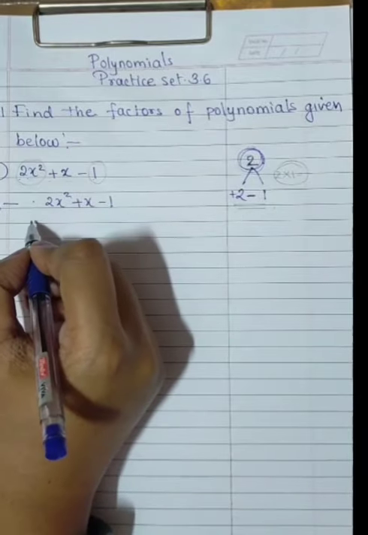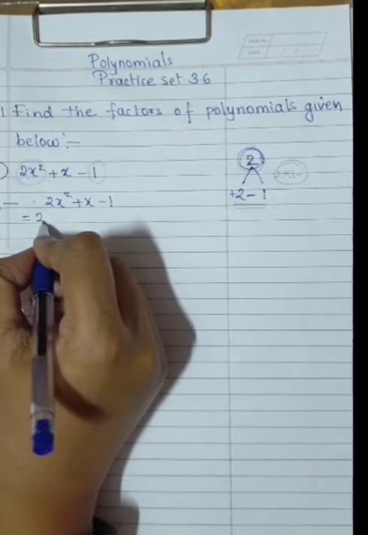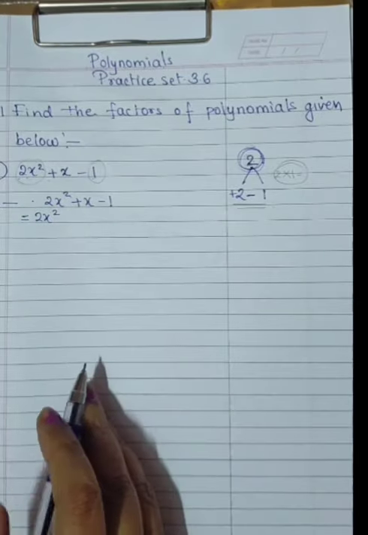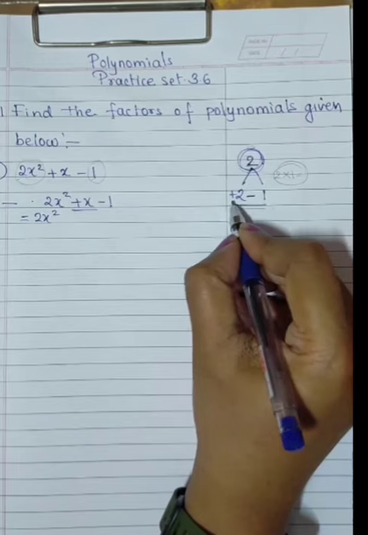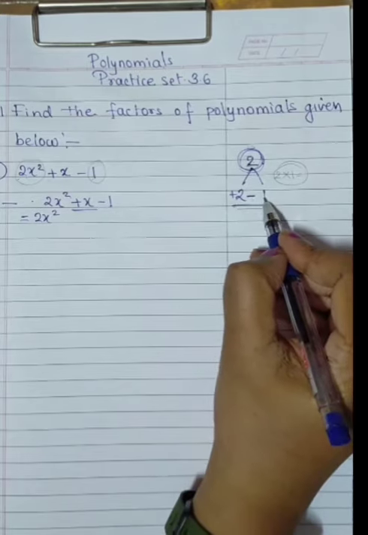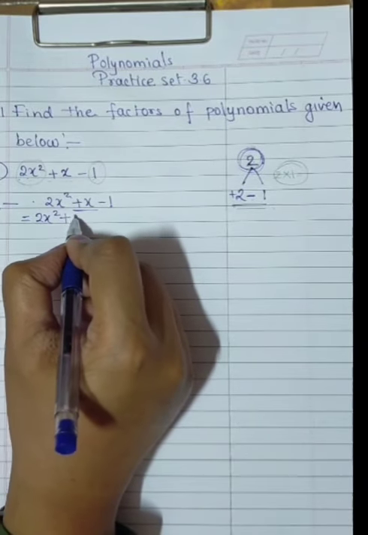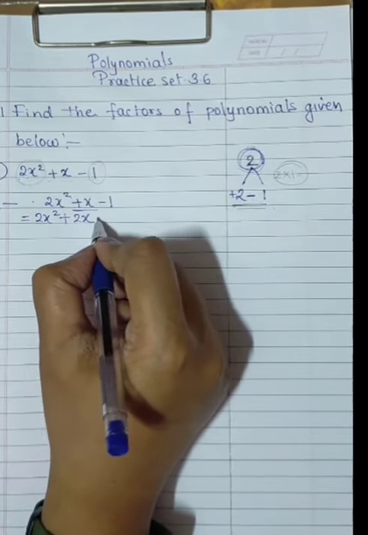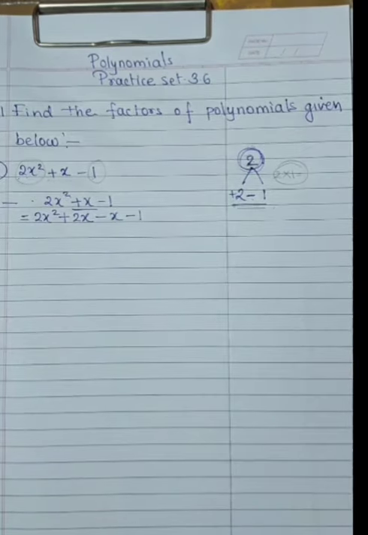Now we are going to move to the second step. Now here you can see 2x square is given. In the place of x, we are going to write plus 2x minus, and in the place of 1 we will write x. So I am writing here plus 2x minus x and minus 1.